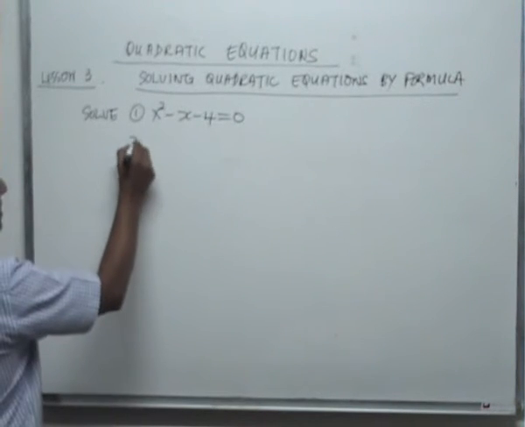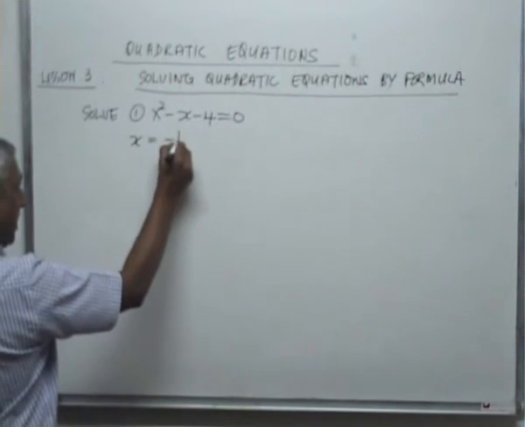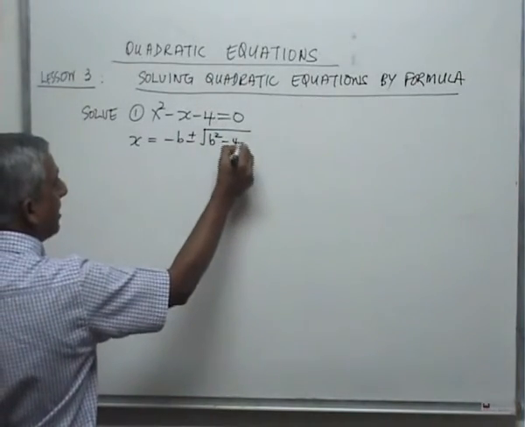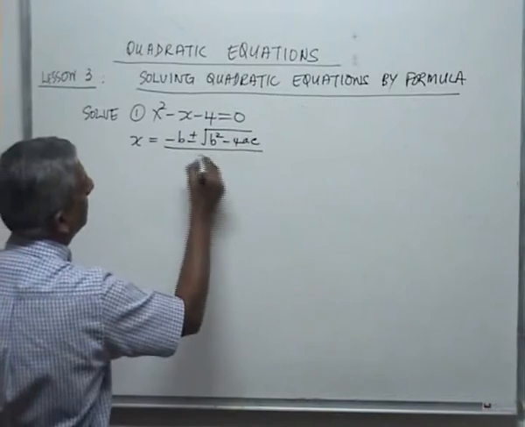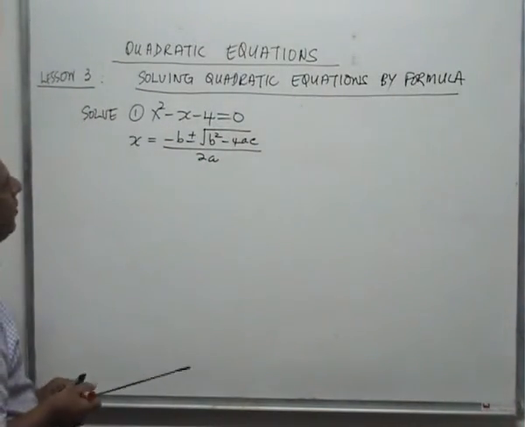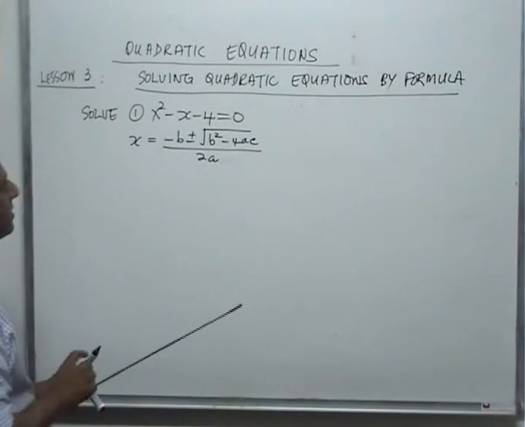So what does the formula say? The formula says x is equal to minus b plus minus the square root of b squared minus 4ac all over 2a. And then we have to identify a, b and c.